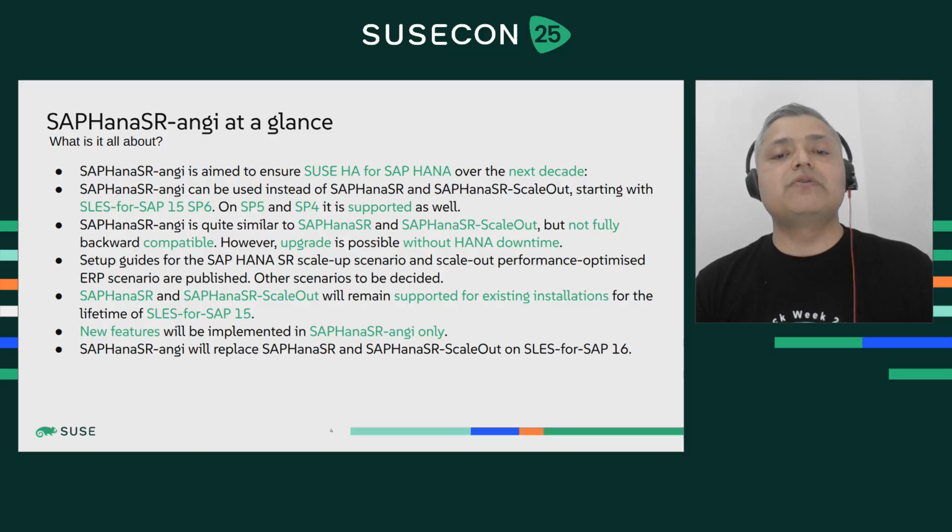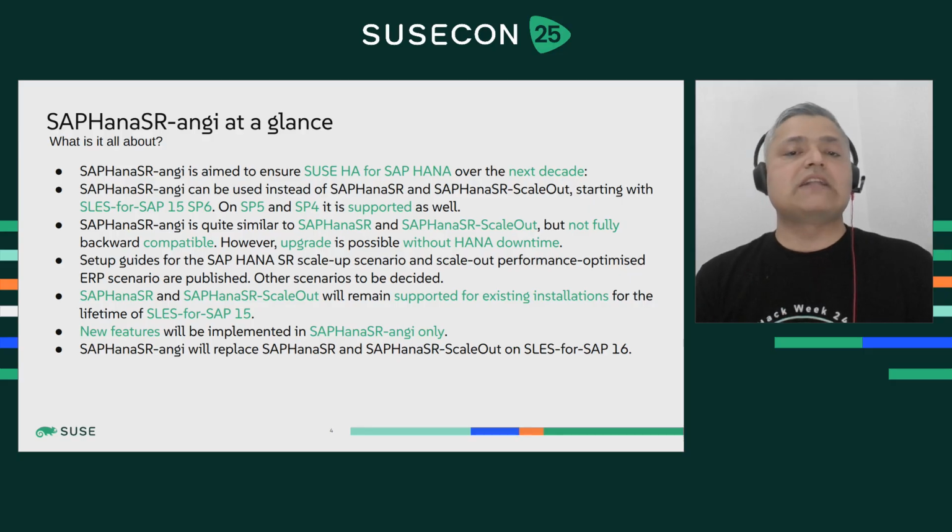However, it is important to note that upgrade from these classic packages, both from the scale up package of SAP HANA SR and scale out package to this new ANGI package is possible without any downtime of the HANA database.